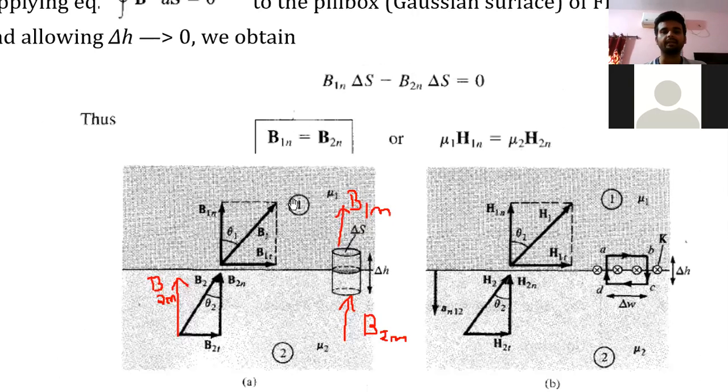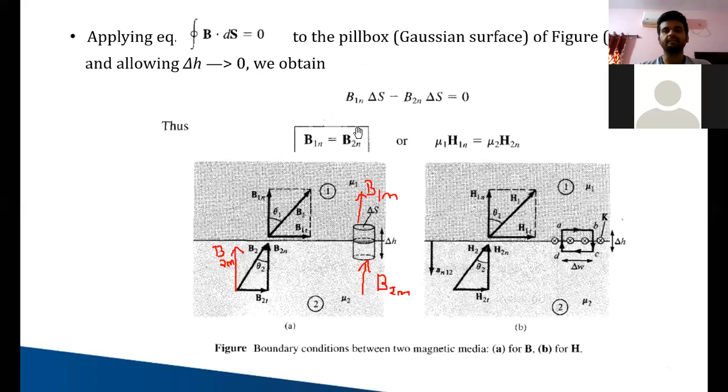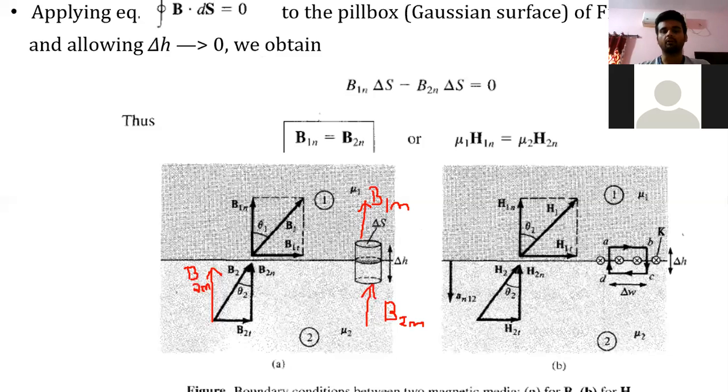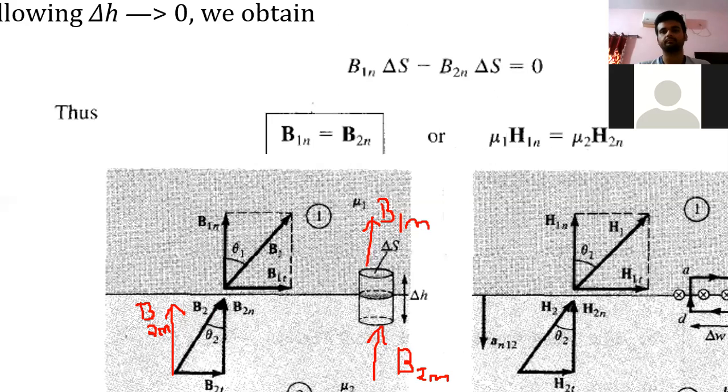So that's why we can write B1n equals B2n. Basically, the normal components of the magnetic flux densities of both the media will be equal. That's the conclusion from this: B1n equals B2n. Normal component will be equal.